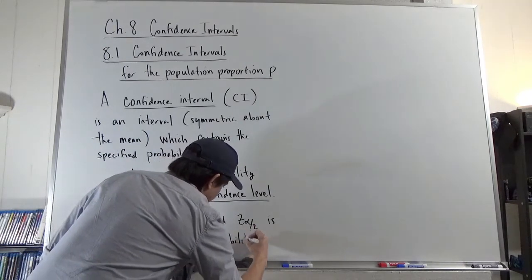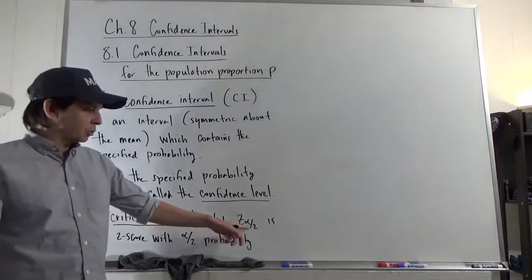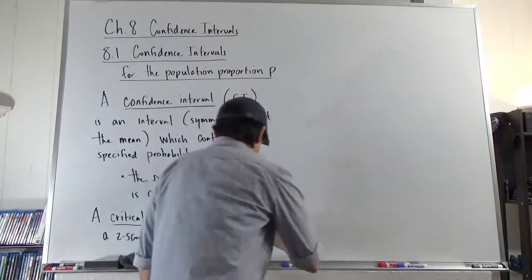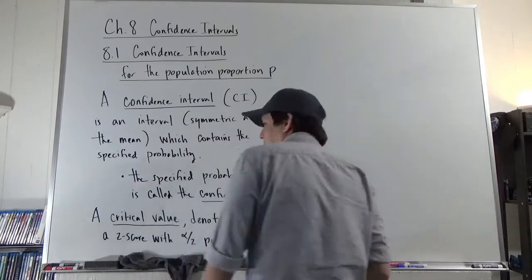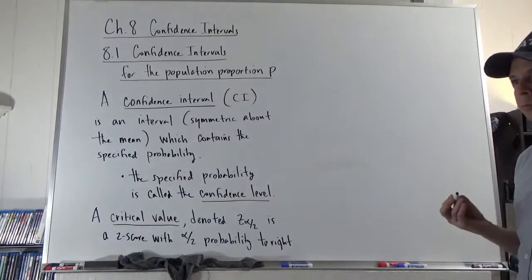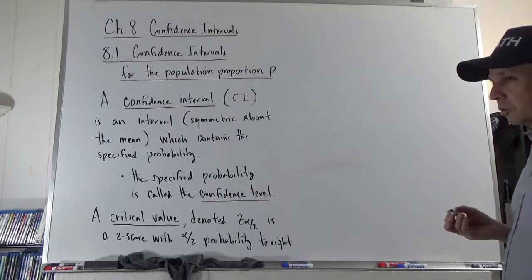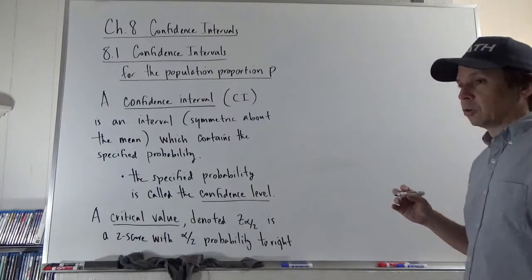Now a lot of the things we're doing here we've seen before, and I gave you that problem with z with a subscript, and that's what it's referring to, the probability to the right. And all this comes together in a visual picture of how a confidence interval is going to be broken down. We're going to be using some z-scores and translating it to a different normal curve.